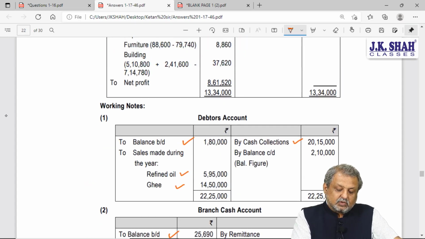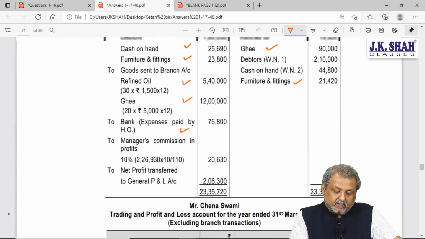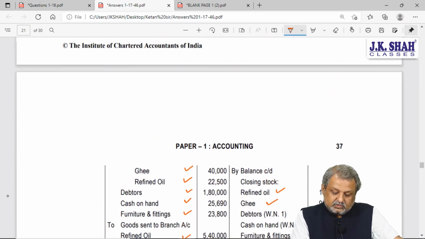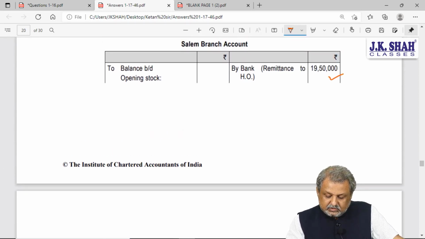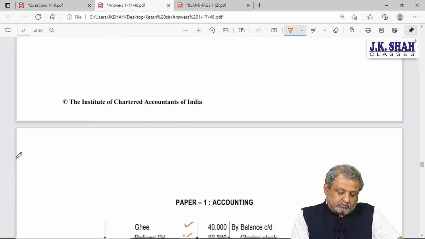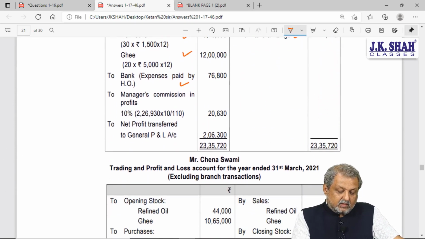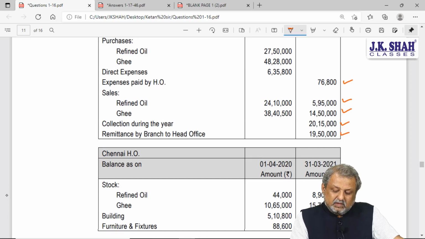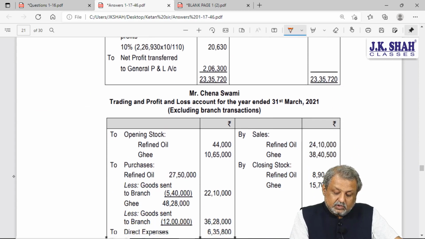Remittance will also come in the debtor system. Remittance, head office giving cash to branch, branch is giver. Understood, beta? Simple question. Of course, branch has made expenditure of 45,890 from its collections.